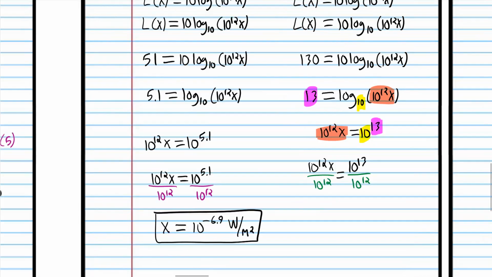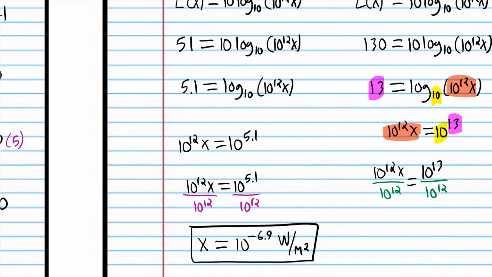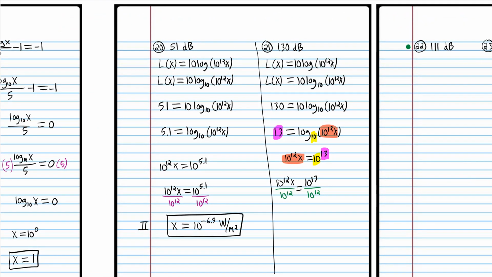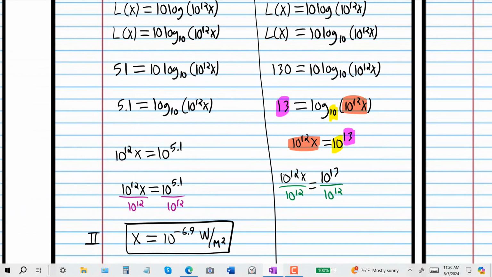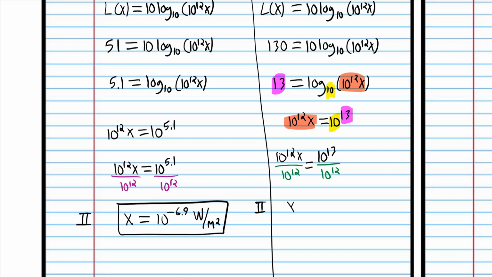And by the way, you can write exponent rule number 2 if you want. I didn't ask you to do that in these problems, but it's probably good to note that we're using exponent rule number 2. Subtract the exponents and we get 10 to the first power, and now we're going to use exponent rule number 6, which tells us that anything raised to the first power is just whatever the number is, and that's in watts per square meter.